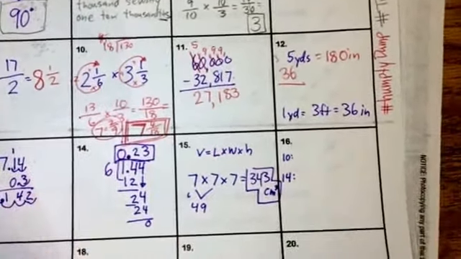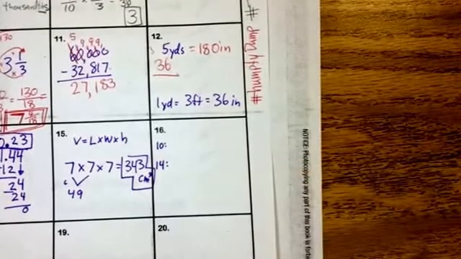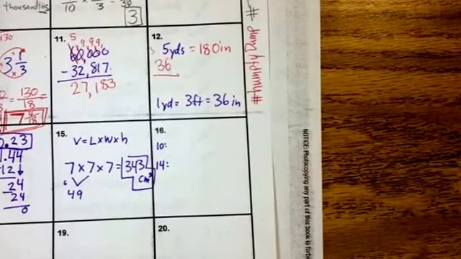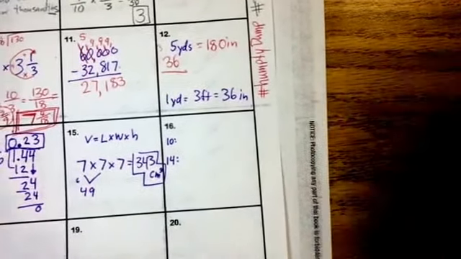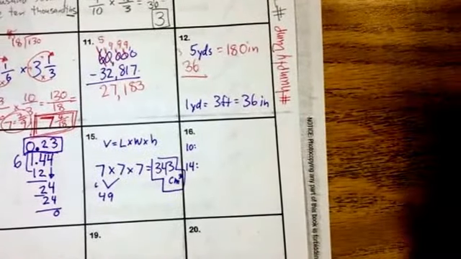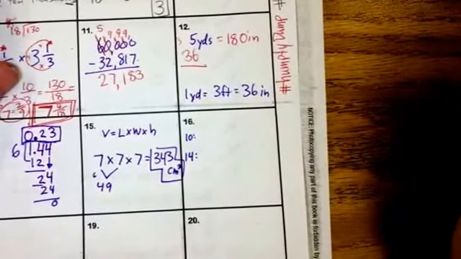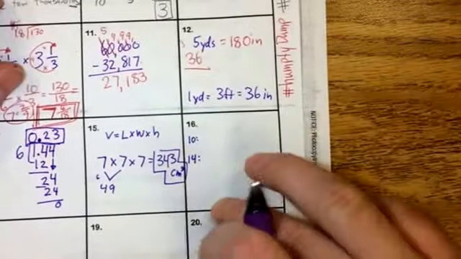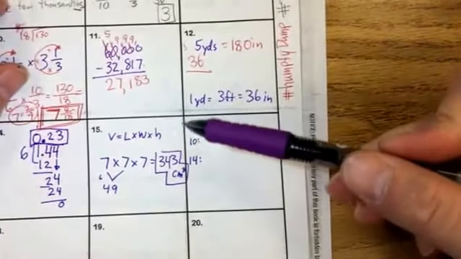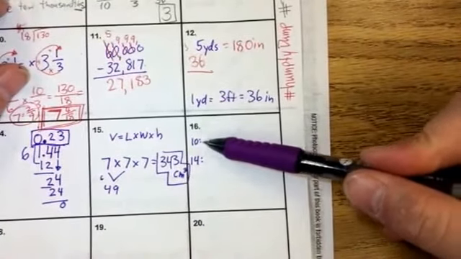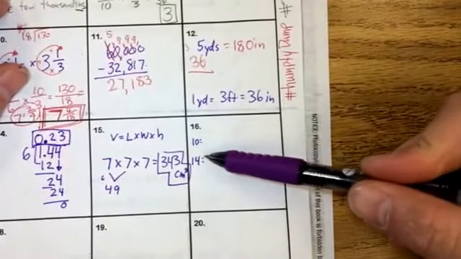Okay. And then for number 16, we're supposed to look at the least common multiple. Please remember that factors are the numbers that when you multiply them together, they equal our digit. Multiples are the numbers when we count by these numbers. They are the numbers that we count in order.